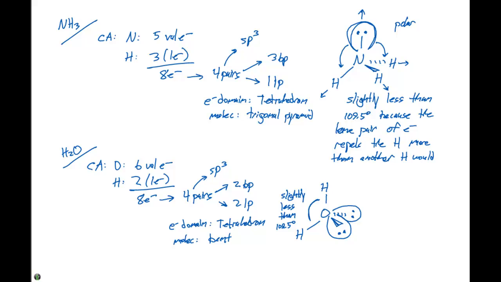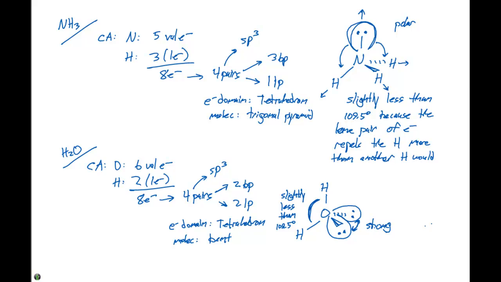But there's going to be a strong repulsion here because we have 2 lone pairs on this oxygen. So our repulsion here is going to be rather strong. So when we look at the bond angles, the bond angle that we observe here for the HOH bond is going to be even less than ammonia.